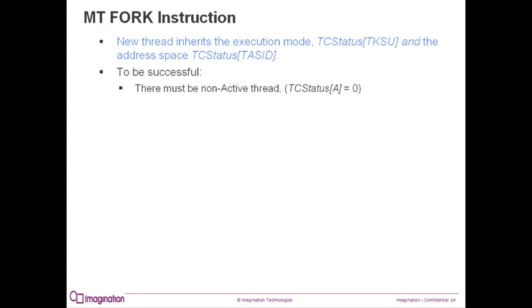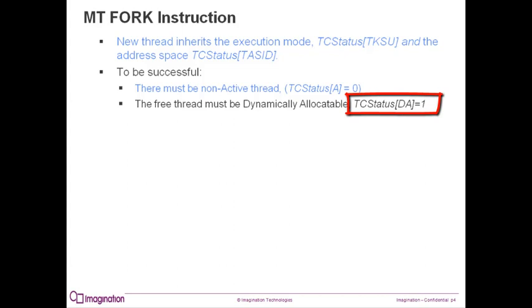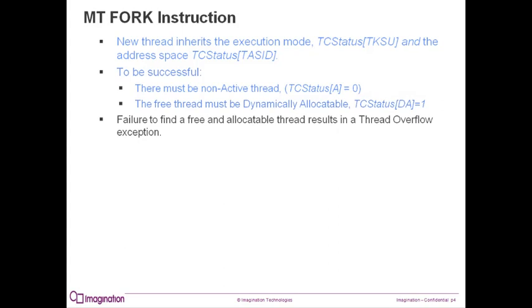Fork will only select the TC which is both free, defined in the TC status register A field being 0, and the TC is specifically marked as usable by a fork, identified by the TC status register DA field being set. If there are no TCs to allocate, a thread overflow exception happens and it is left to the OS to figure out what to do.